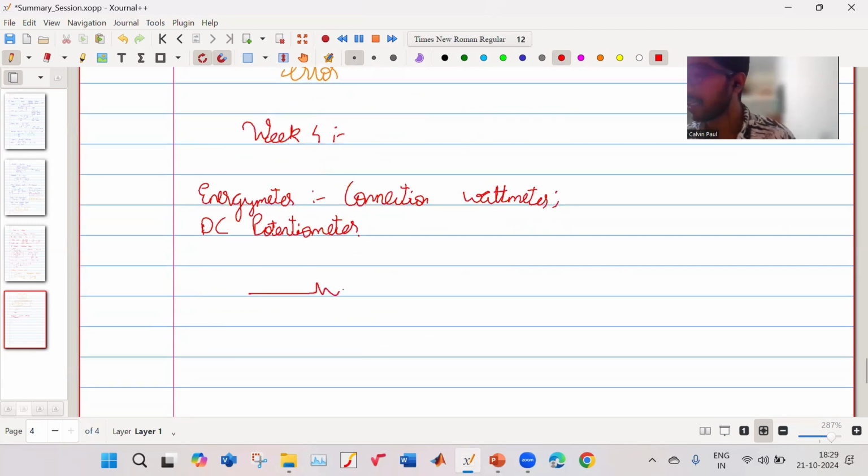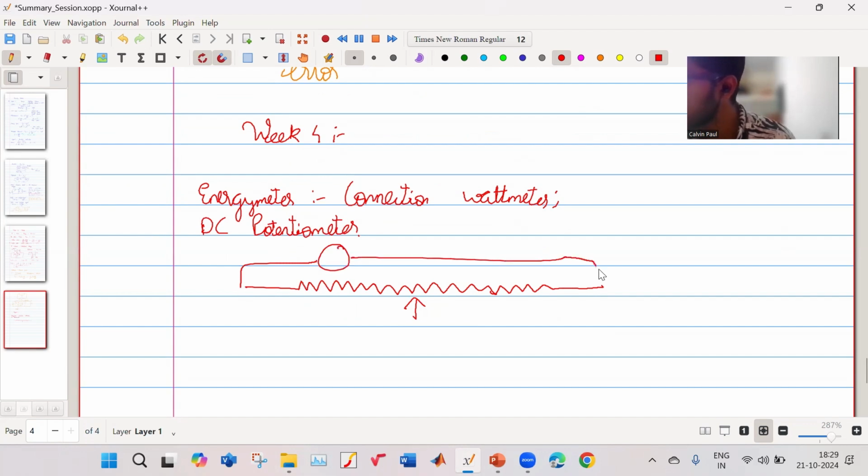In that you have not infinite resistance, you have some resistance over a very long length and you will connect it over here. So there's some voltage Vx that will be applied, and there is some known voltage source. You will connect it like this.